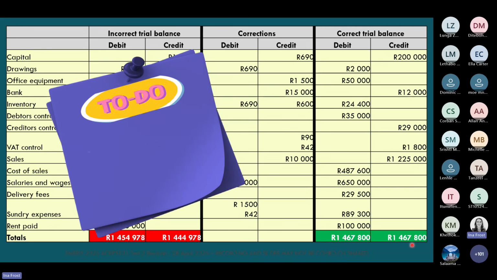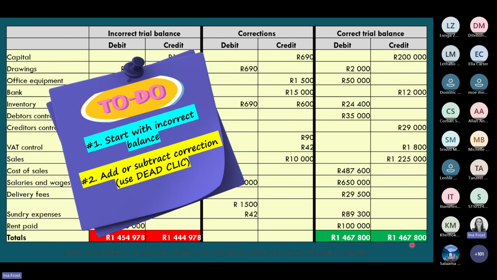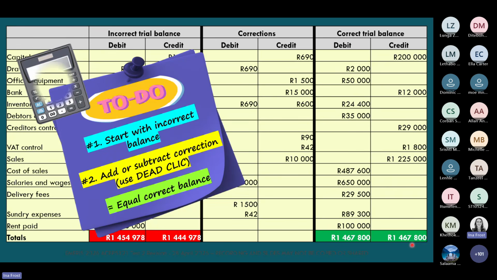So let's recap. You're going to start with the incorrect balance. Then you're either going to add or subtract the correction, and that will be based on using your debit-credit. And then that will be how you will calculate this final balance over here in the correct trial balance.